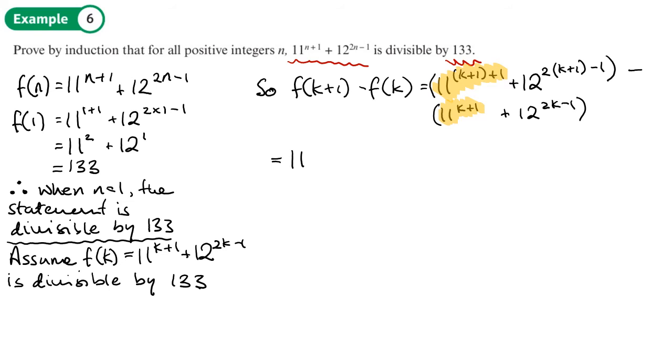So I've got 11 to the power k plus 1, which I can take out as a factor. So in the brackets, I would have 11, because that plus 1 is like times by 11 from the first term, and then the first term in the second brackets, I've basically got one of those, so I'll take away 1.